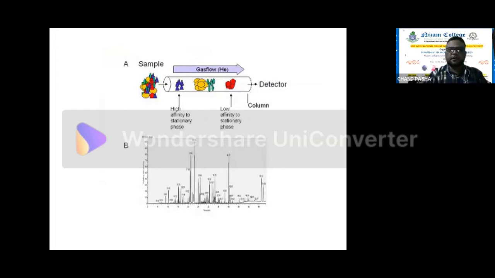Here the volatile molecules pass through the column towards the detector, and they get separated based on their partition properties. Molecules which have high affinity towards the stationary phase will remain at the back.